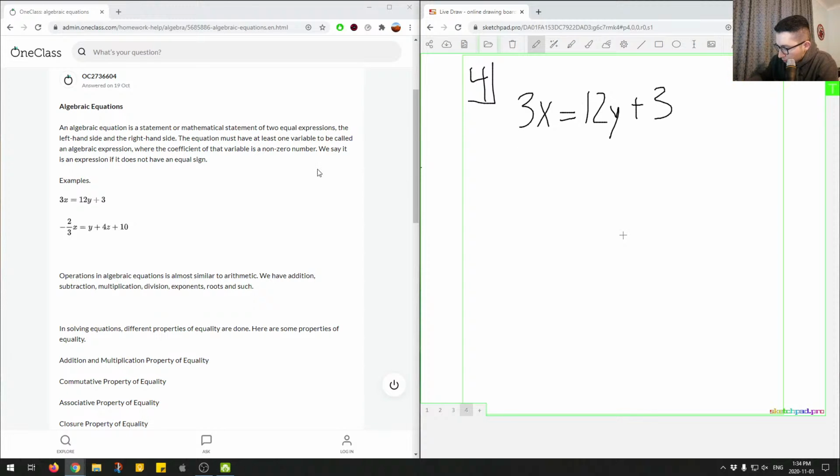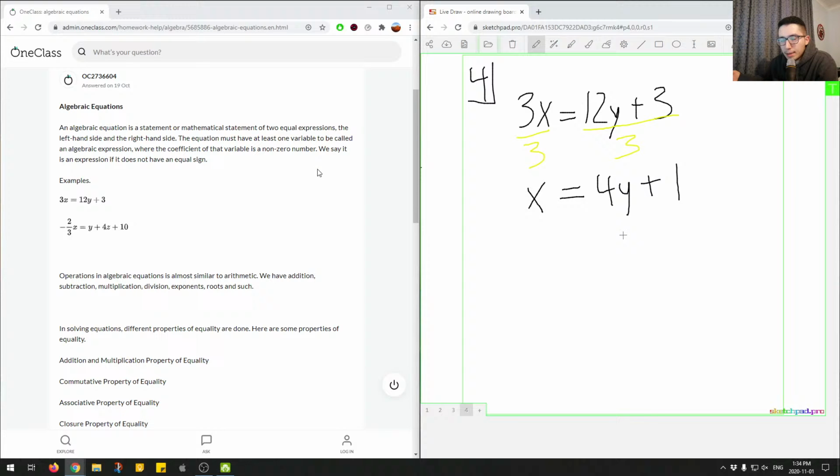So we'll use a different color: divided by 3, and then divide by 3 on this side. We end up with x on the left side, and then we have 12 divided by 3, which is just 4y, plus 3 divided by 3, which is just 1. So here we've isolated for x.